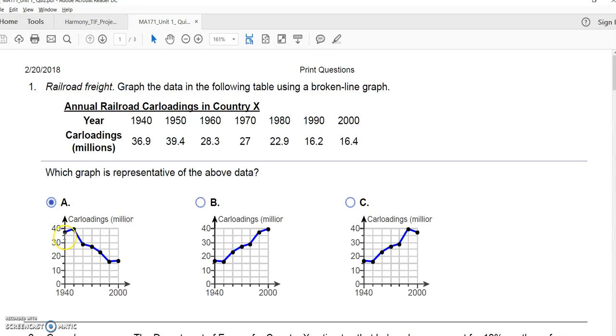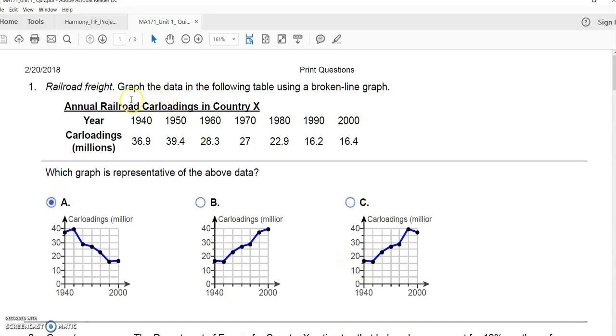You see this mark is 35, so it's slightly above 35, which looks right. In the other two options, the data point for 1940 starts below 20. It's clearly visible, which is wrong.